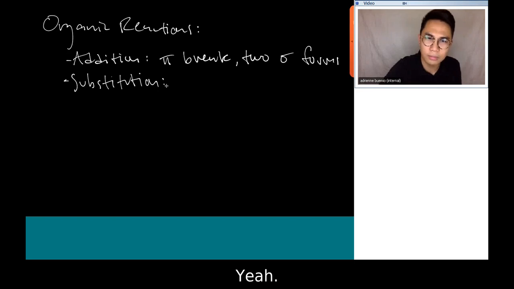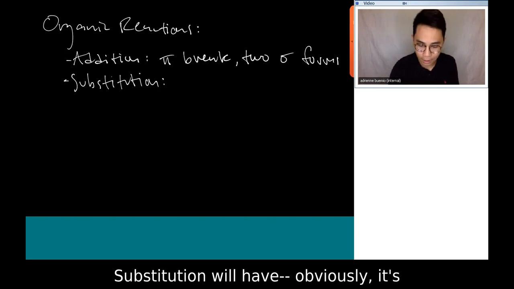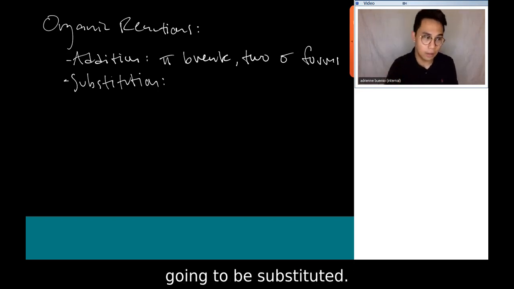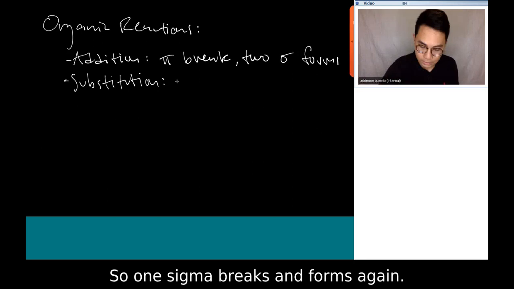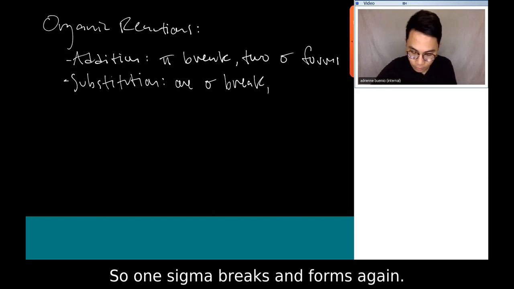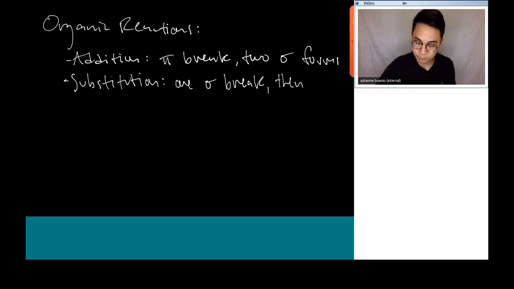Substitution. Did I spell that right? Yeah, okay. Substitution will have, obviously it's going to be a substituted, so one sigma breaks, and then forms again, right?